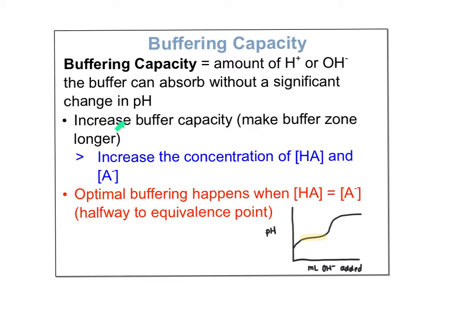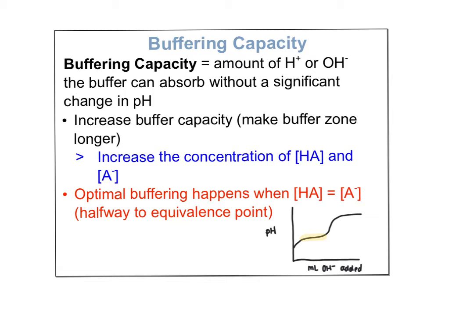What if I want a better buffer? I want to increase my buffer capacity, which would make the buffer zone on my pH curve bigger. Just a reminder, this is a weak acid, strong base titration curve. We highlighted and said that this region is a buffer. Once the titration hits this point, whatever is in the flask is considered a buffer. What if I want to make this yellow box longer? I could have higher concentrations, higher molarities of HA and A-.